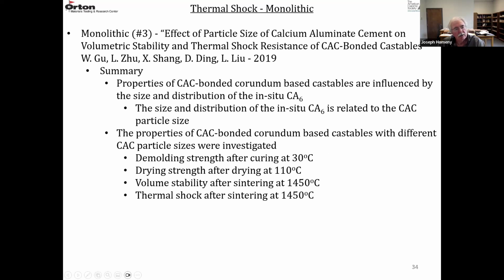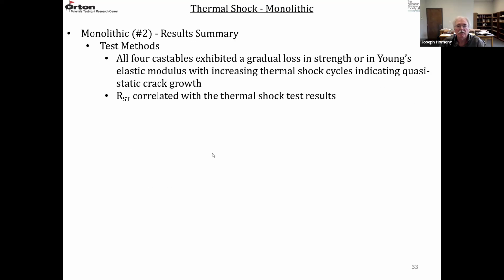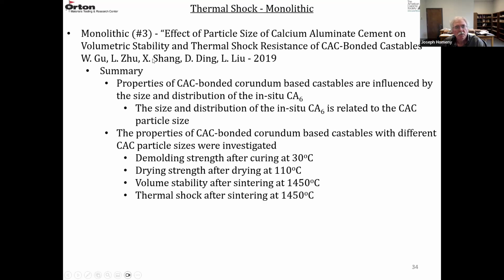And then the last example I have here is looking at the calcium aluminate cement itself. So they're looking at the effect of particle size of the calcium aluminate cement on the stability and thermal shock resistance of a calcium aluminate cement bonded castable.